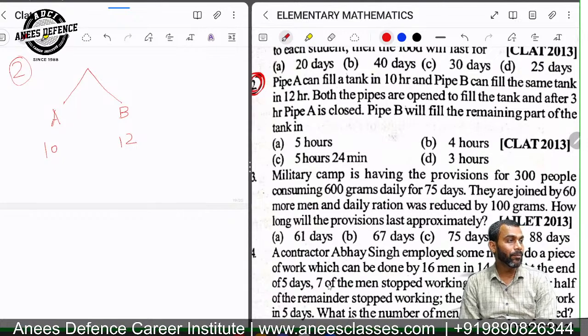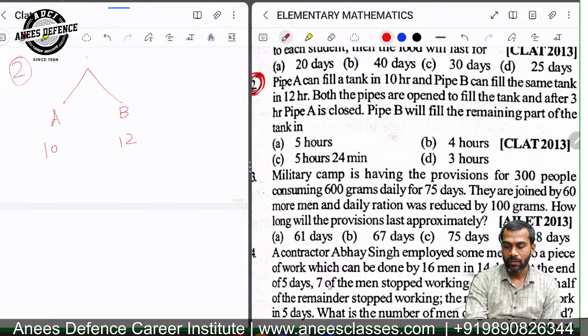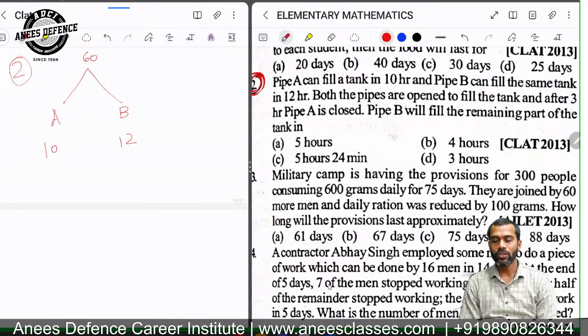So take the LCM of 10 and 12 and consider that this is the total work or total number of liters or the capacity of the tank. What is the LCM of 10 and 12? 60? Yes or no? So assume that 60 units or maybe 60 liters is the capacity of the tank.